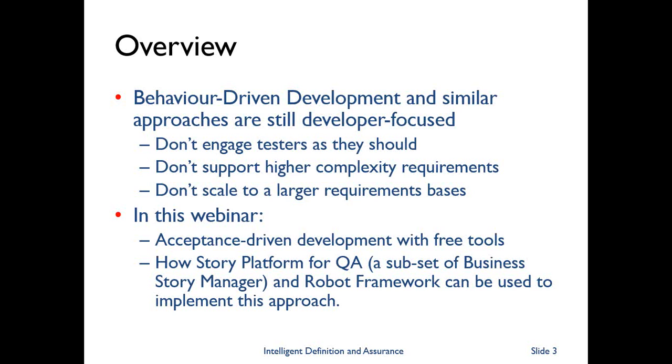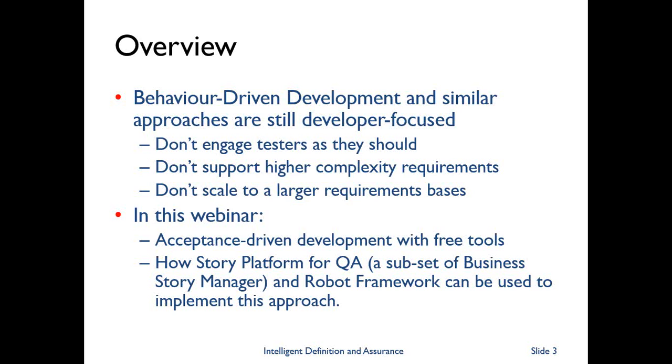So what I want to talk about today is not to undermine BDD, but rather to say we can support that approach. As often as not, you hear people talk about acceptance test-driven development as well as behavior-driven development. We tend to talk more about acceptance-driven. That is, it's the acceptance criteria or the scenarios associated with stories that actually drive the development and then the subsequent test process.